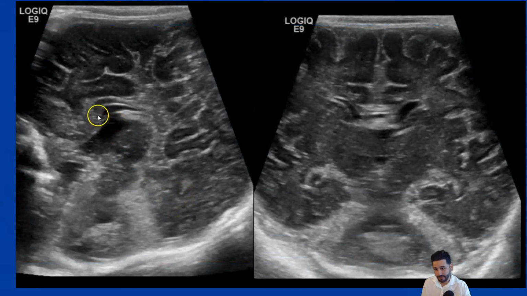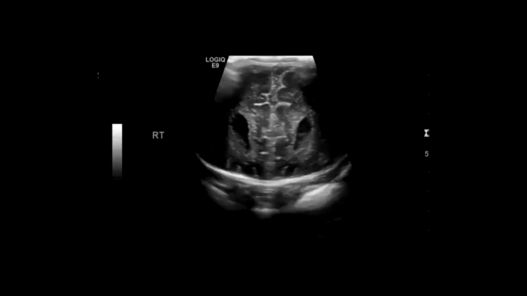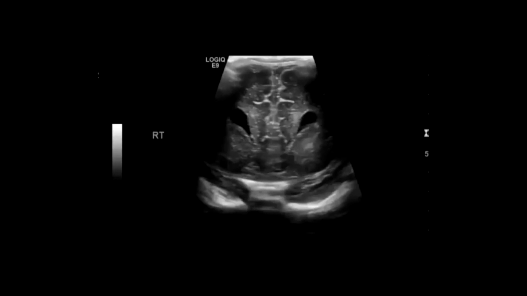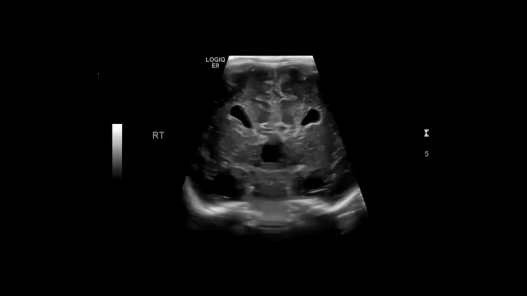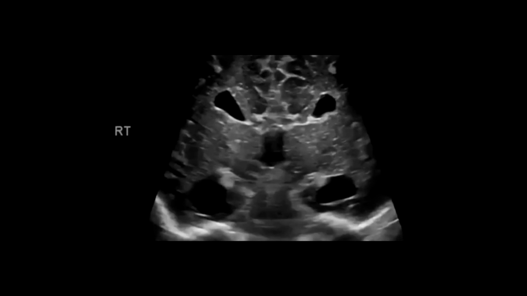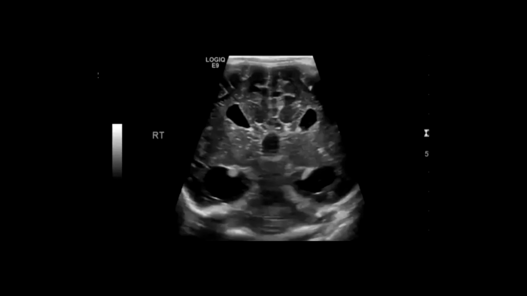Here's another case where the anterior portion, so the rostrum and genu of the corpus callosum, seem pretty well formed. And then the posterior aspect of it, the splenium and body, don't seem very well formed. It's very thin. And here we have an example of that same case. So you see the moose head appearance, or the race car sign.